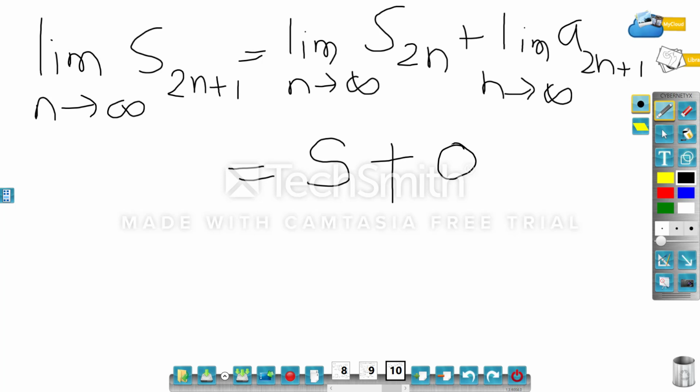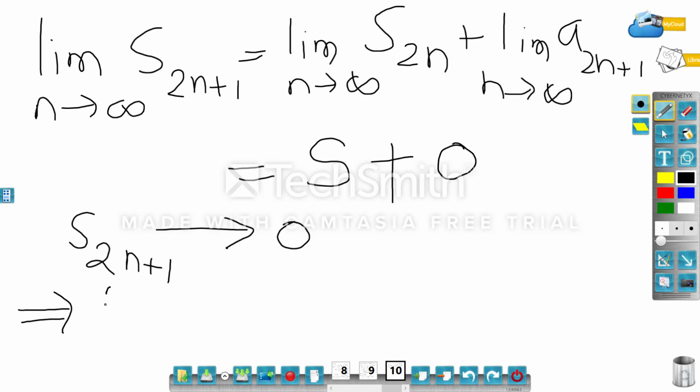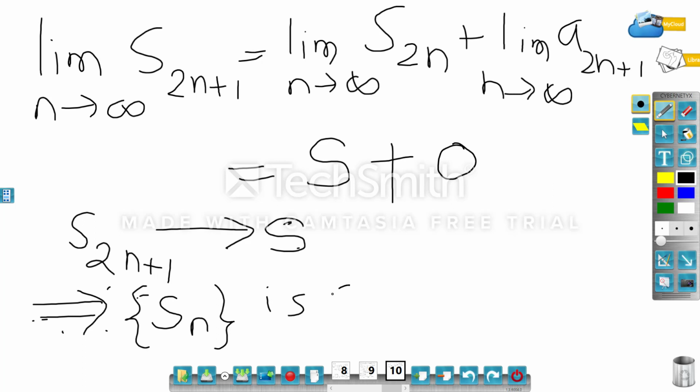So what I got is that S of 2n plus 1, the odd terms, is S plus 0. Sorry, I should rectify my mistake: this implies that S of 2n plus 1 goes to S, not 0, it goes to S. So the sequence of odd partial sums and the sequence of even partial sums both go to S. So this implies the sequence S of n is convergent.